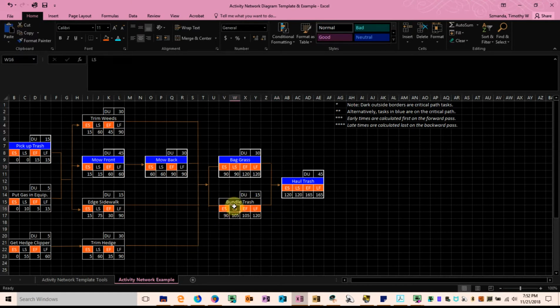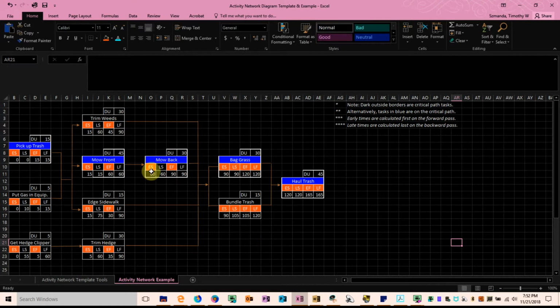Calculating the latest start time for bundling the trash, we determine the latest finish is 120 minus the 15-minute duration of the process of bundling the trash, which gives us 105 minutes. 120 minus 15 is 105. So we are done calculating the late times for bagging the grass and bundling the trash.